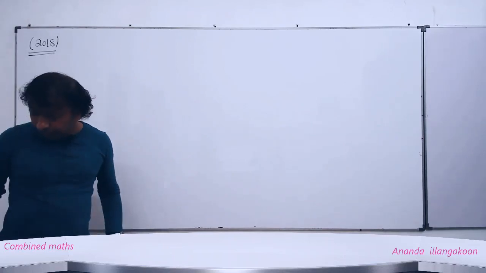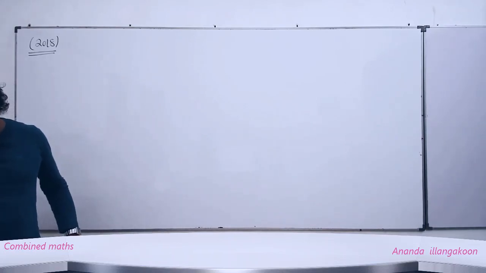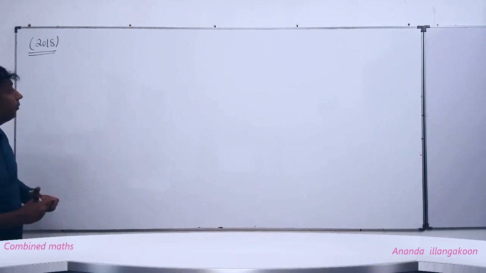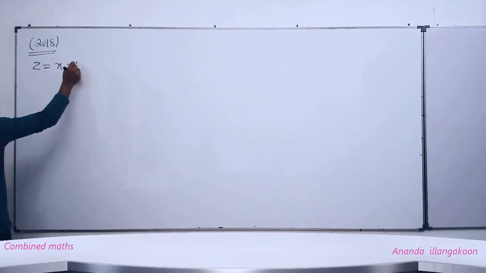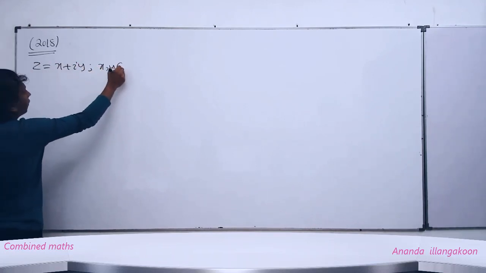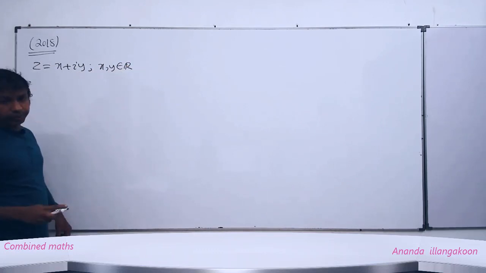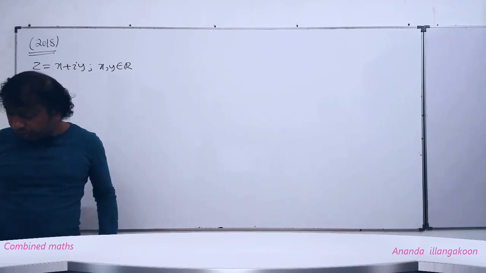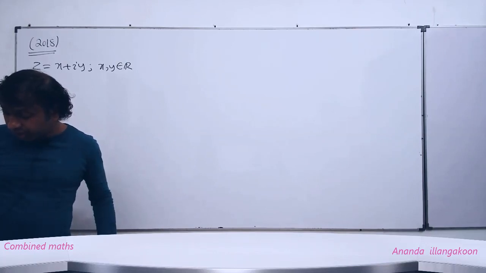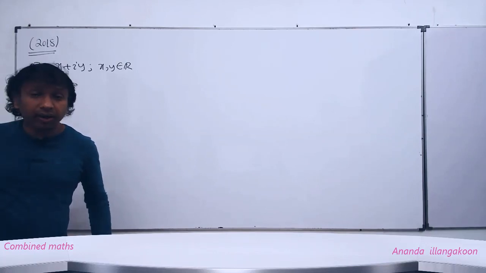Right. You are given z equals x plus iy, where x, y both are real numbers. Define the modulus mod z, then the conjugate z bar of z that you know, and asking to prove z z bar equals mod z squared, z plus z bar equals 2 times the real part of z, and z minus z bar equals 2 times i times the imaginary part of z.